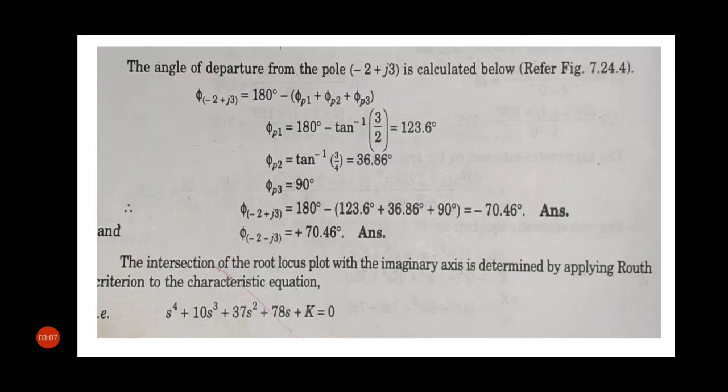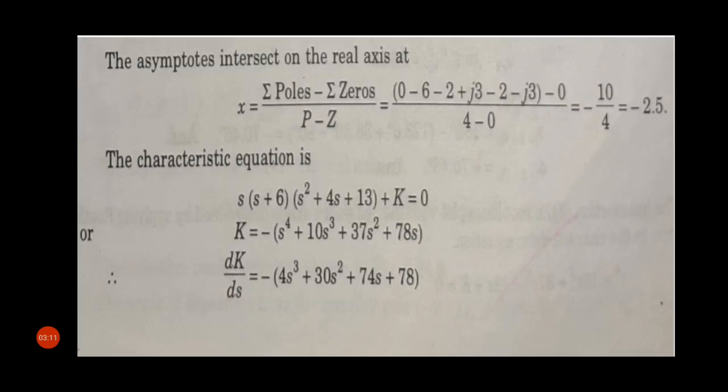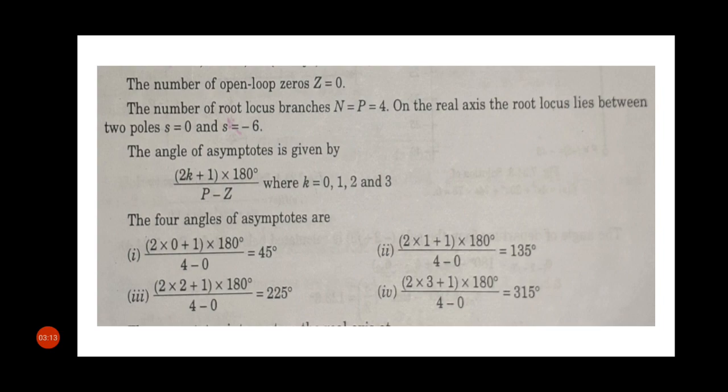Now we find the angle of asymptote. The angle of asymptote is found by this equation: (2k plus 1) into 180 degree divided by (p minus z), and k varies from 0, 1 to p minus z minus 1. Here if we put the values of p and z, then p minus z is 4, so the values of k are 0, 1, 2, 3.